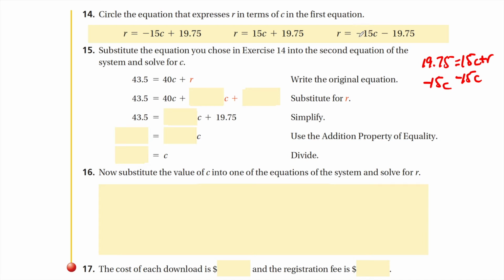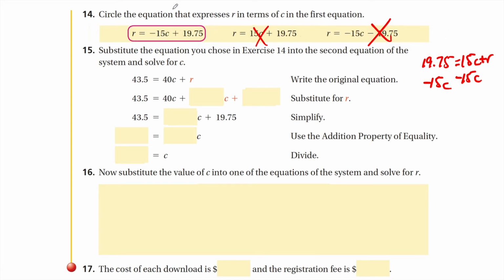Well, this does have the negative 15C, but it doesn't have a positive 19.75. This is not even a negative 15C, so it clearly has to be the first choice.